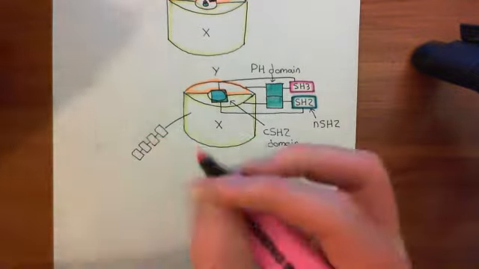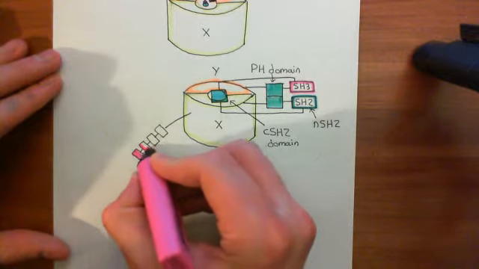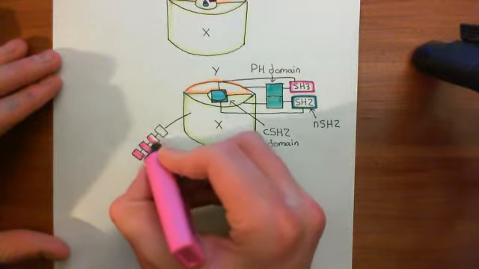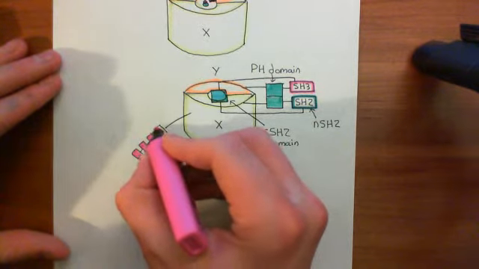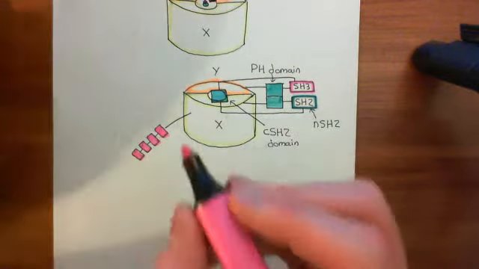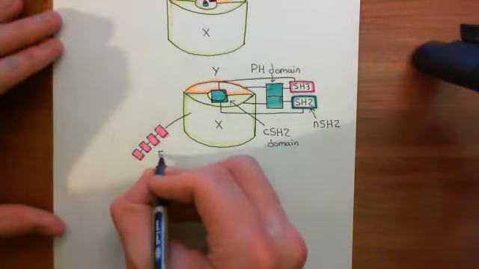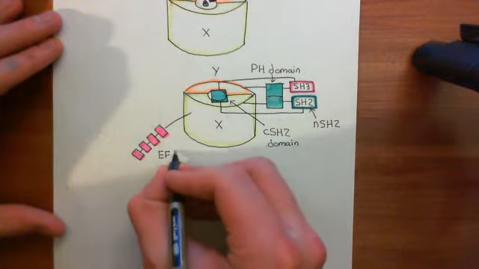Here they are in pink, and in phospholipase C enzymes, both phospholipase C gamma 1 and phospholipase C gamma 2, you have 4 EF hand domains. That's true of both of those phospholipase C gamma enzymes. So these are the EF hands.